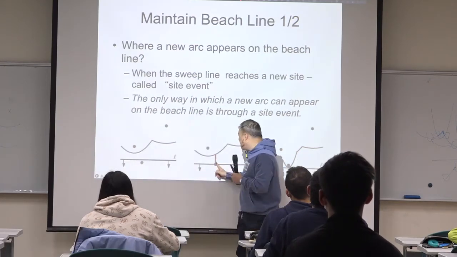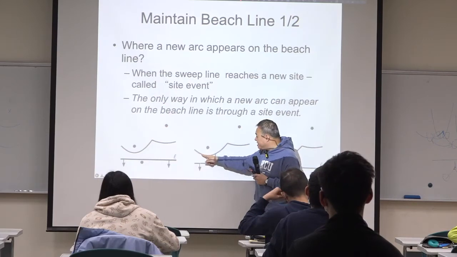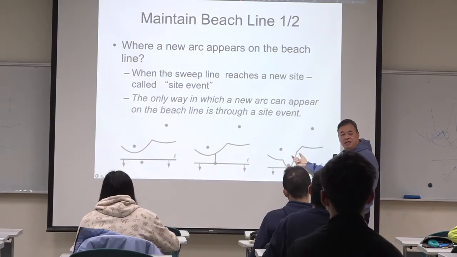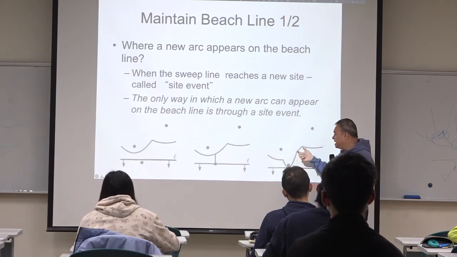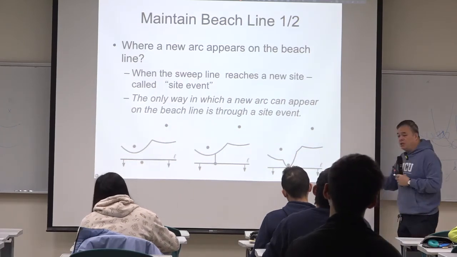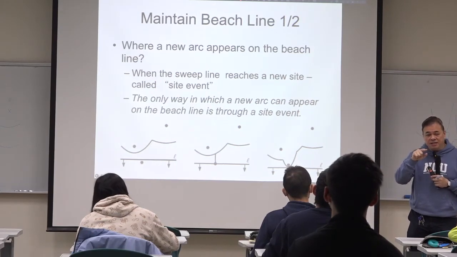When you have a site event, this site event may break this arc into two pieces. That's the only possibility that a new arc occurs. Think about this. You have only n sites.